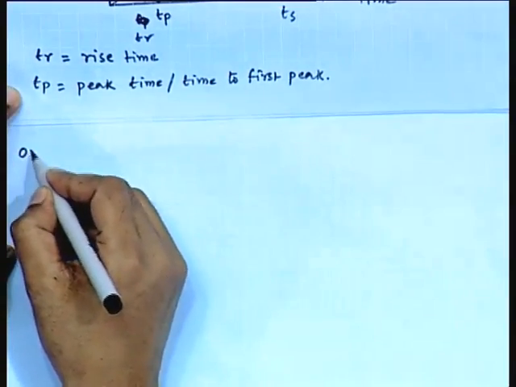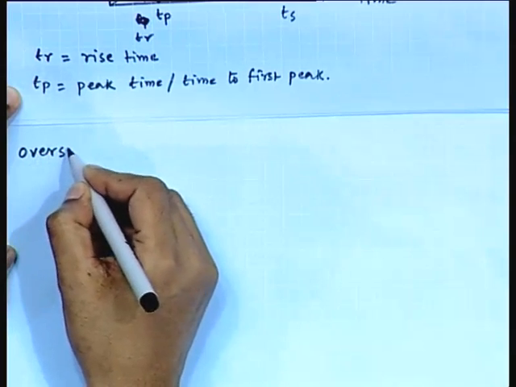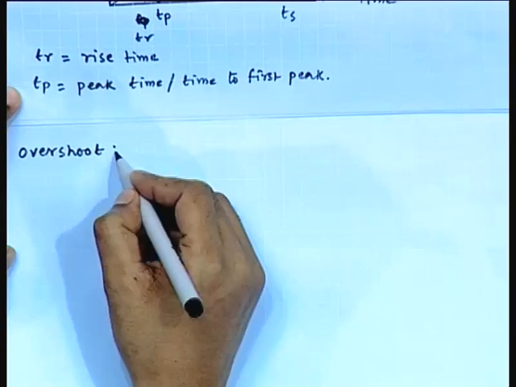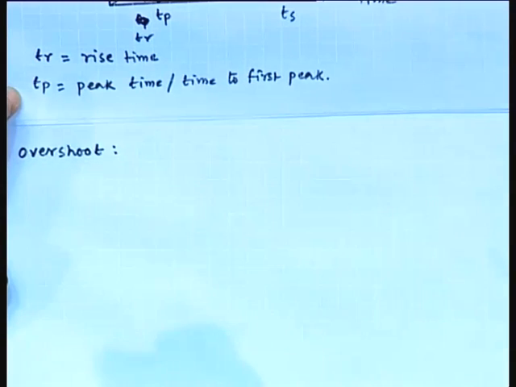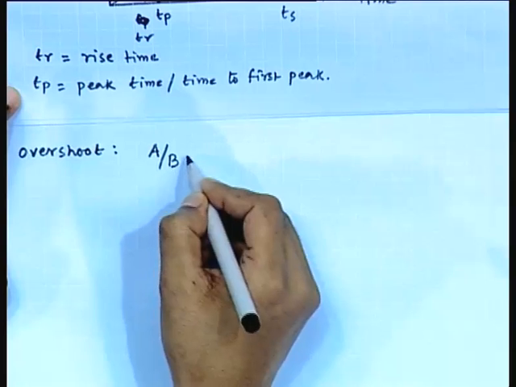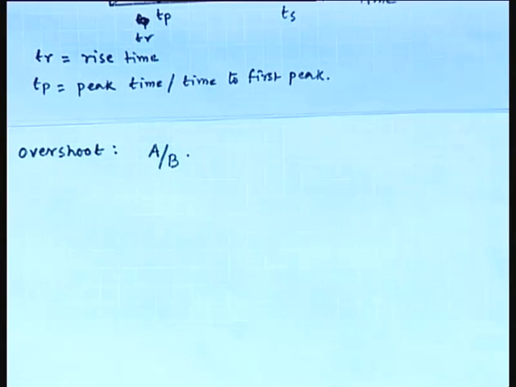Another term is there, that is called overshoot. It is defined by the ratio of A and B. Overshoot is A divided by B. Fine.